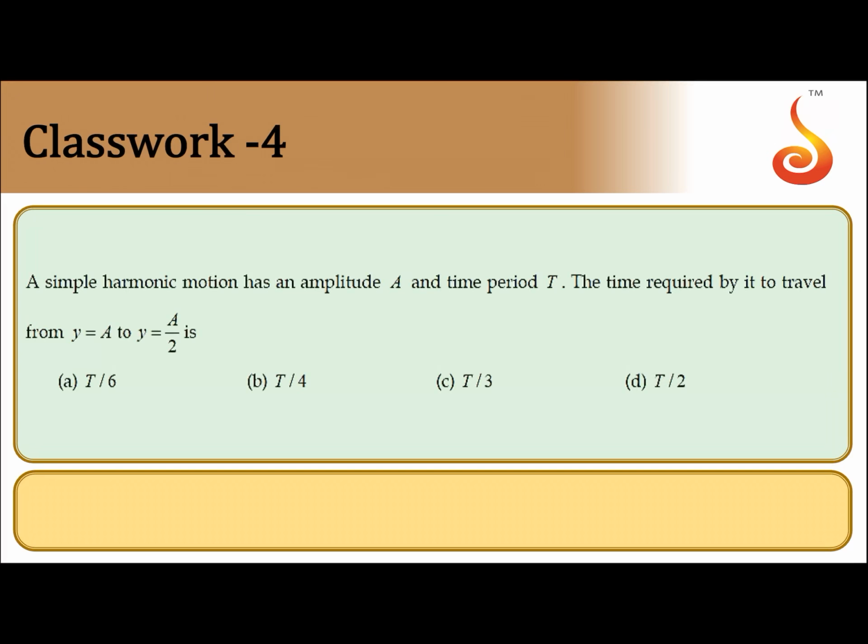Since it starts from the amplitude, that is the extreme position, let us take the cosine function for this. So y is equal to A cos omega t. So at t is equal to 0, y is equal to A. Now it has to come to A by 2. So y is equal to A by 2.